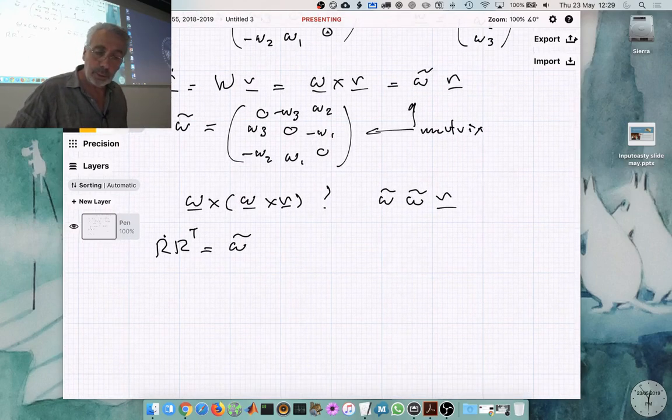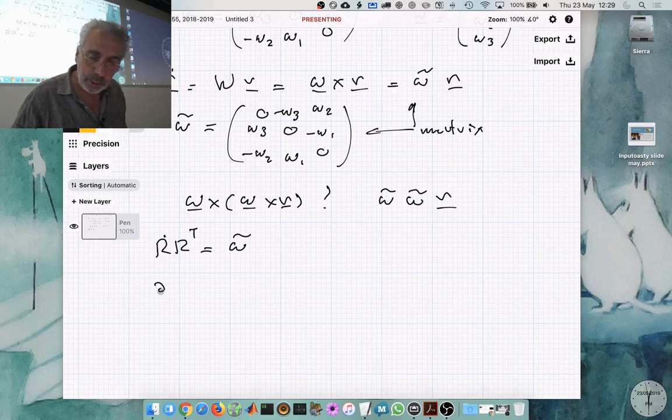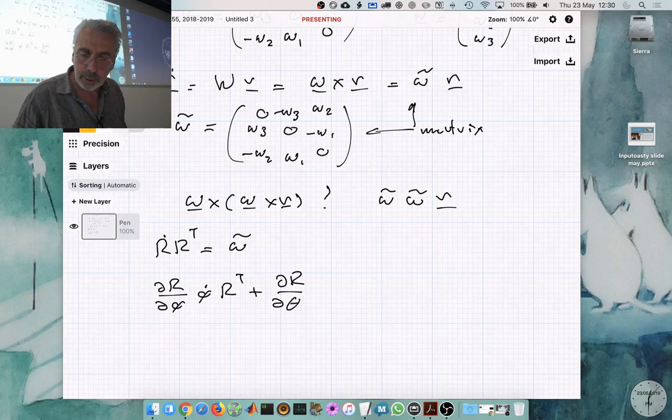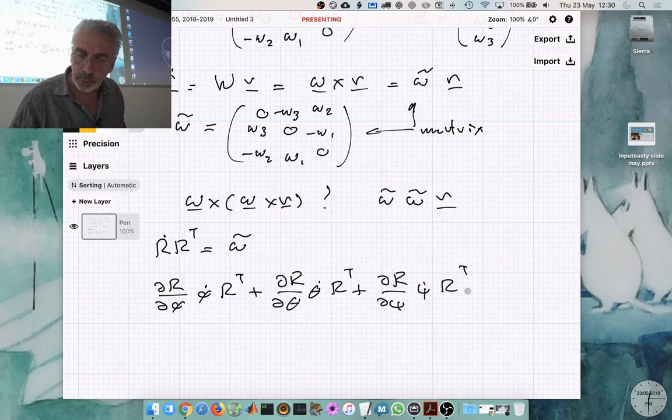So how do we do that? Well, we just differentiate. So what is R dot? Well, that is dR, and the first angle was phi dot times R transpose. Then the second one is theta dot times R transpose. And the third one is psi dot times R transpose, is apparently this omega tilde matrix.